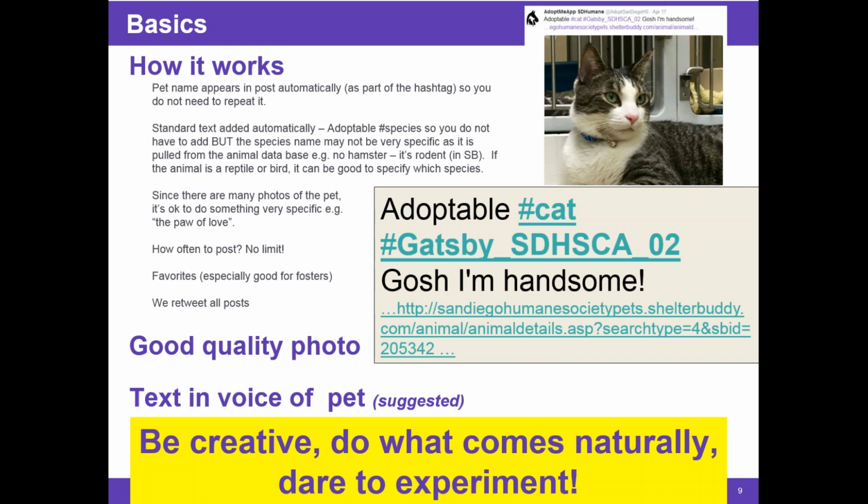Like this example where it's "Gosh, I'm handsome" rather than "Gatsby is handsome," because the name's already there, and we found it's a little more fun and playful in the pet's voice, which is actually what most people do automatically, but it's worth mentioning since the name is already there.